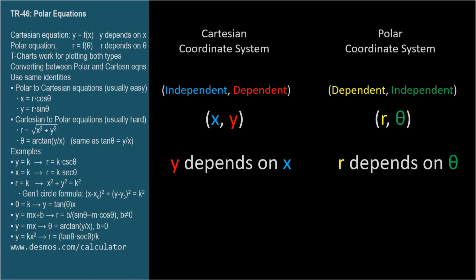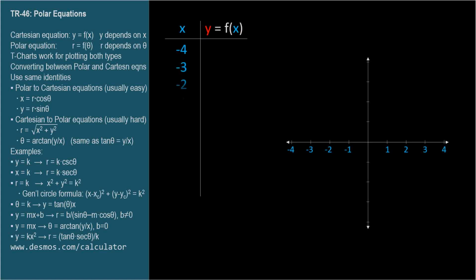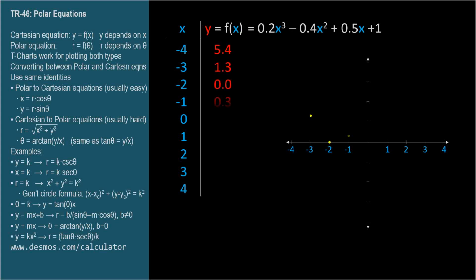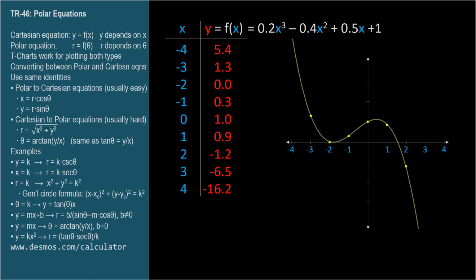So we've plotted the simplest possible polar equations, those where one variable, r or theta, is a constant. Now let's plot some more interesting polar equations. When you first learned to graph xy equations on a Cartesian coordinate system, you may have made a t-chart like this, where you would list different values for the independent variable x, and then calculate the dependent y value corresponding to each x.